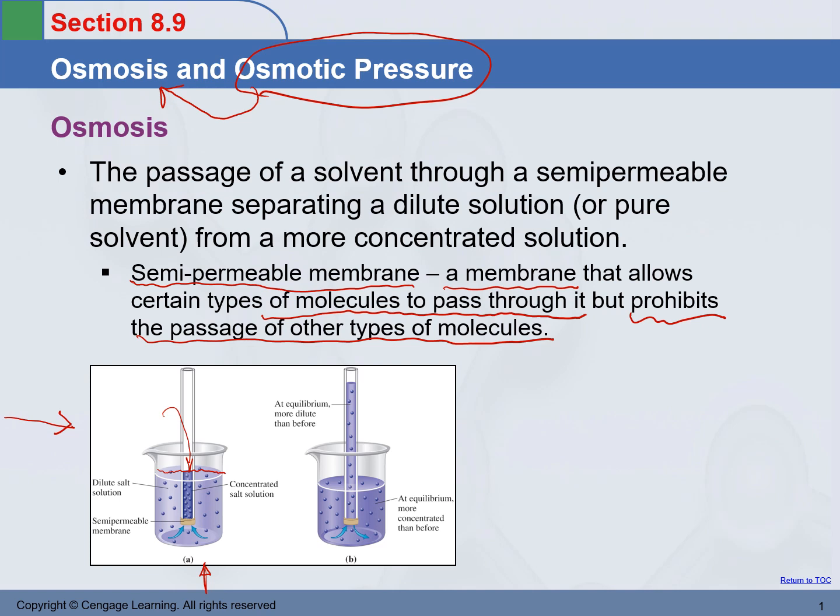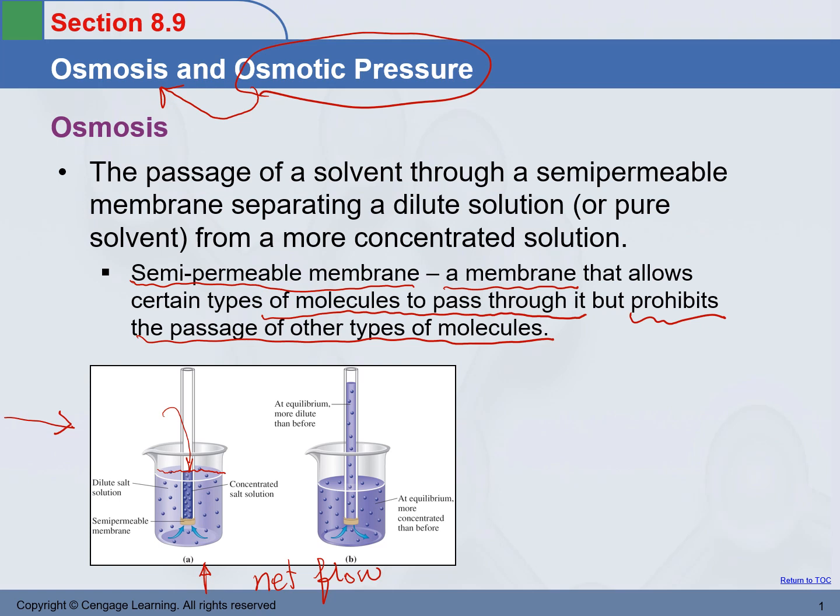However, because the solution in the beaker is more diluted, which means you have relatively more solvent particles than the ones in the tube, as a result, you see a net flow of water solvent into the tube.